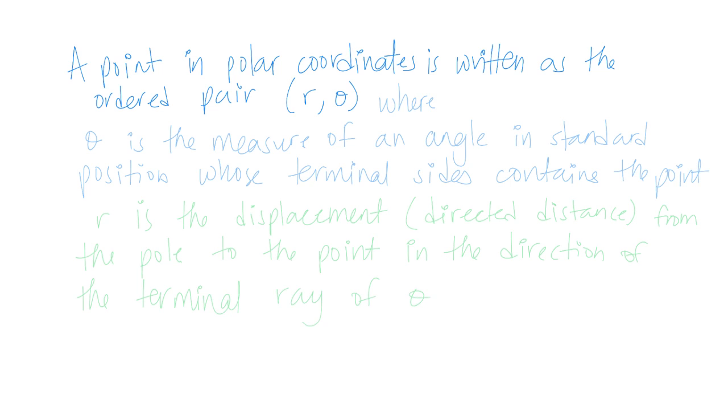An important note here is that theta is the independent variable. We're so used to the independent variable coming first, like in an xy point, where x is the independent variable. But here in polar coordinates, r theta, theta is actually the independent variable, not r, even though it's second in the ordered pair.